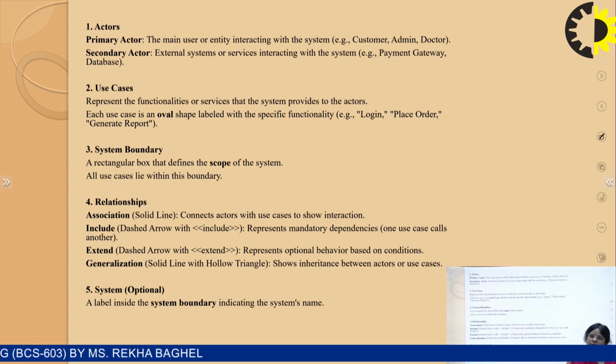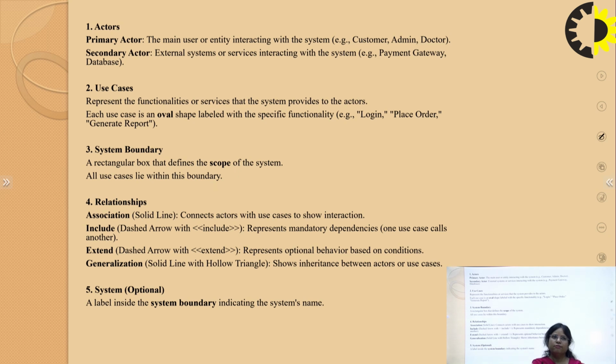So, the next step is use cases. Use cases are the main functionality or the services provided by the system, and these services are provided to the actors from the system. Each use case is an oval shape.